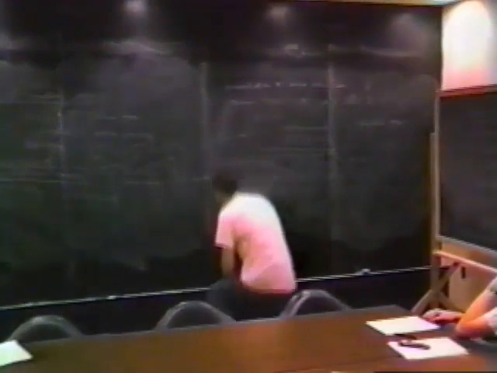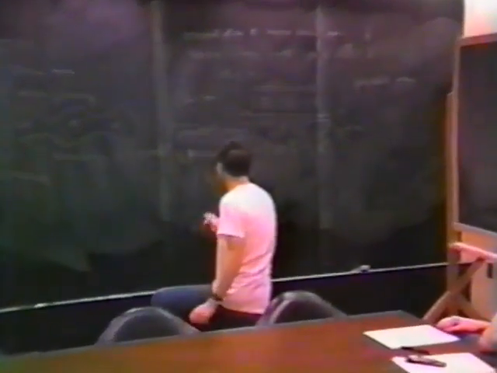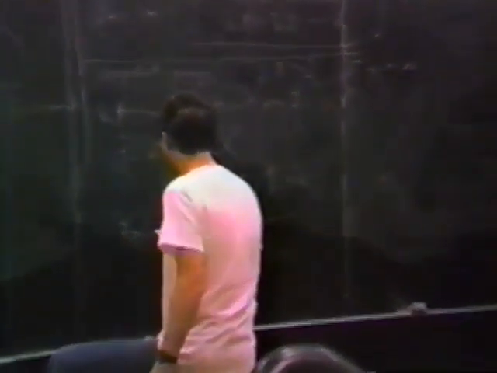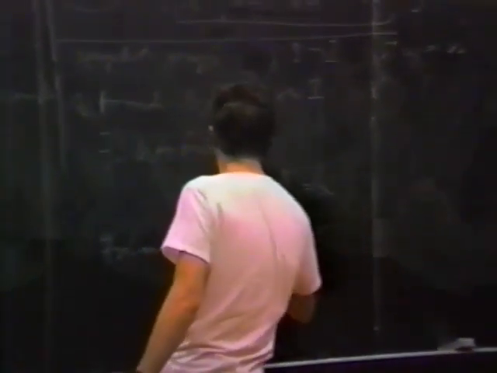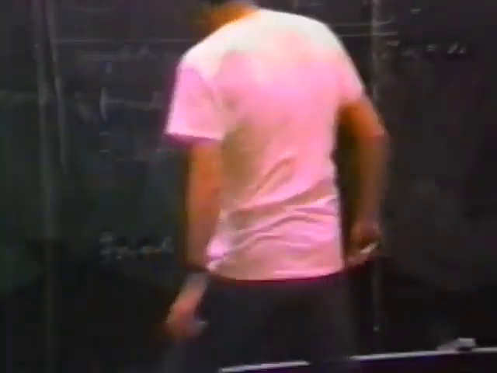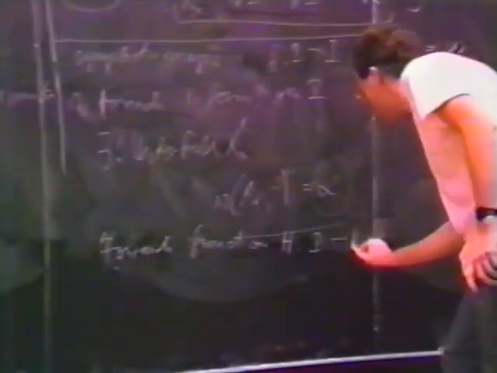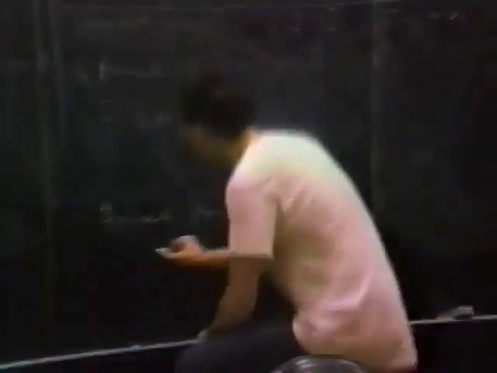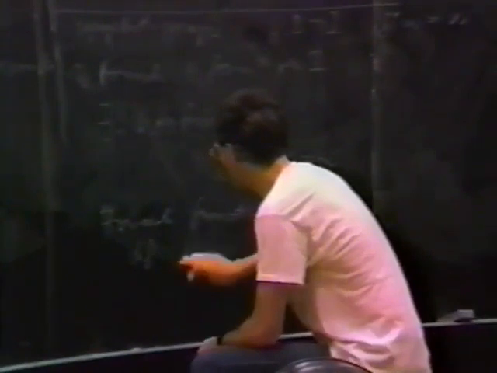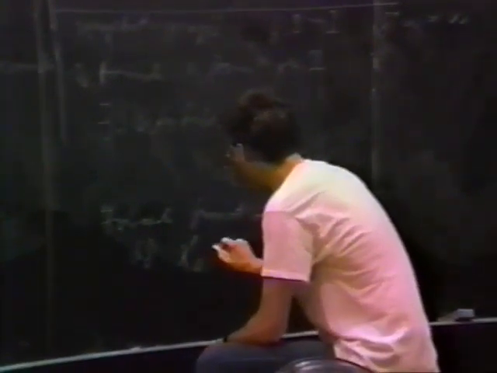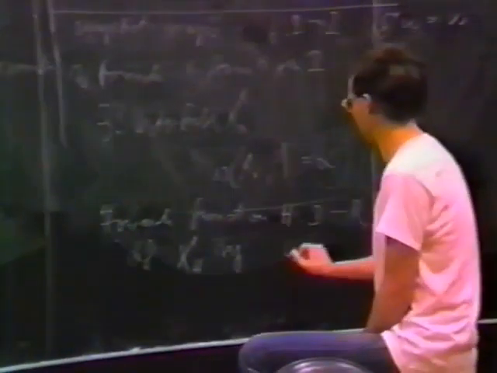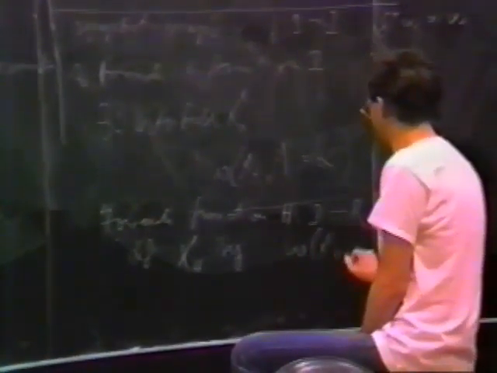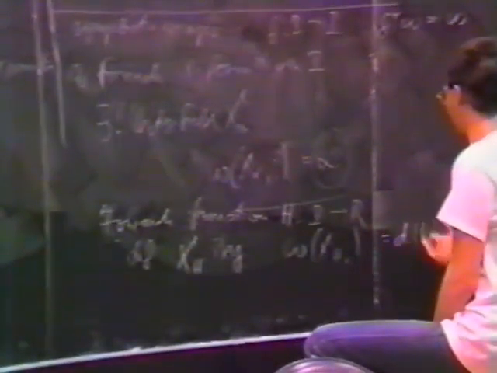So for each function h from P to R, I define the Hamiltonian vector field X h as the unique vector field so that omega of X h dot is the differential of this function.